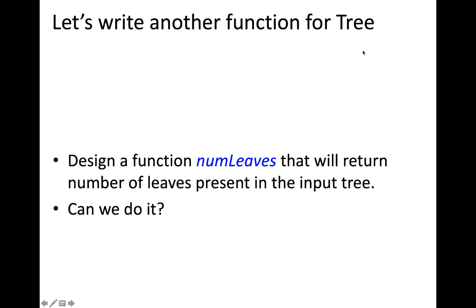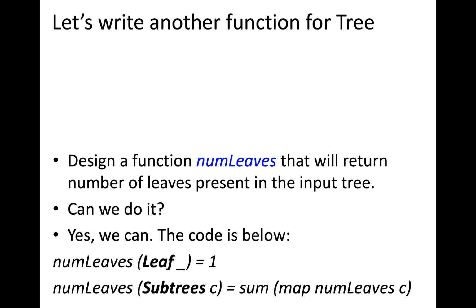Okay. Now let's talk about writing another utility function, which is numLeaves, which calculates the total number of leaves present in the tree. And when the tree has just one leaf, then the numLeaves is just 1, right? Because there is only one node.